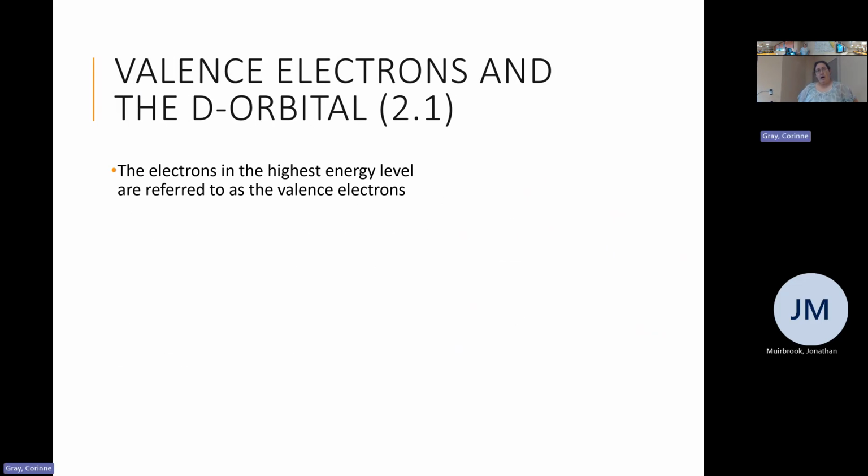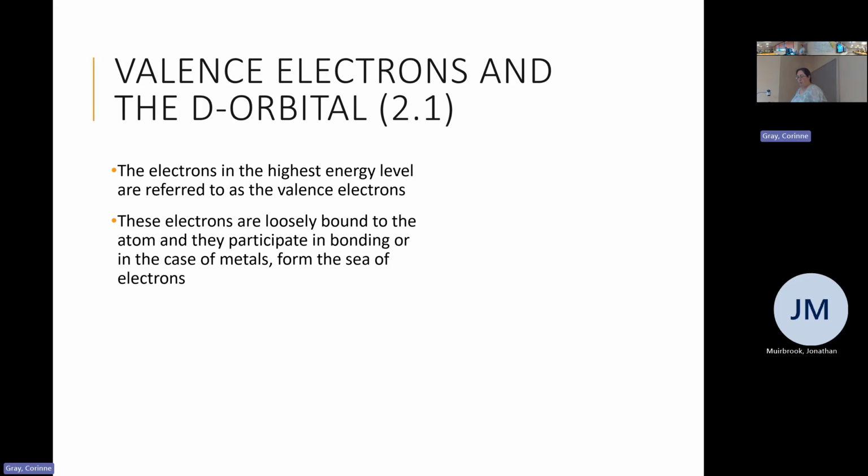So, highest energy level, typically the furthest away. Those are the valence electrons for d orbitals, and we'll see why that's going to be the case a little bit on the next slide. Once we get into those d orbitals, electrons are pretty far out there due to the weird shapes that they happen to be.